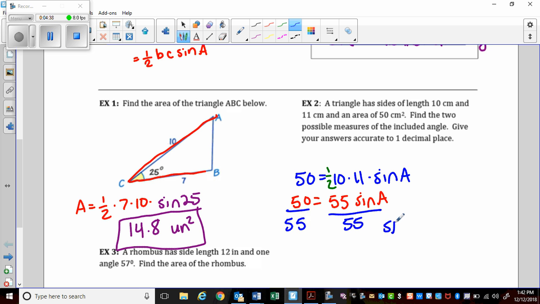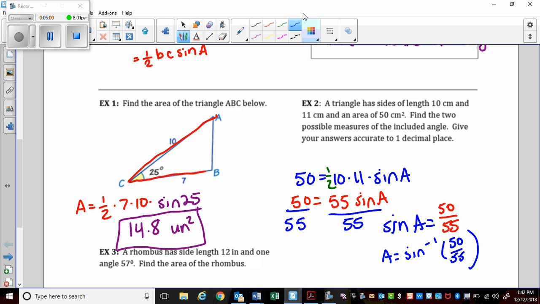So I have sine of A equals 50 over 55. To find A, I have to do the inverse. A equals sine inverse of 50 over 55. I have to plug this into my calculator.